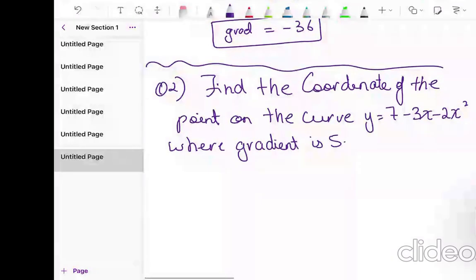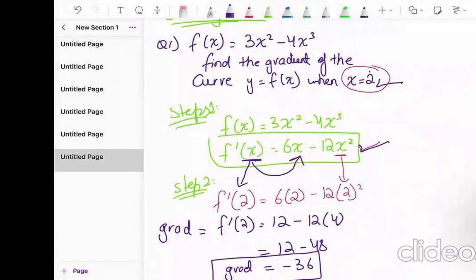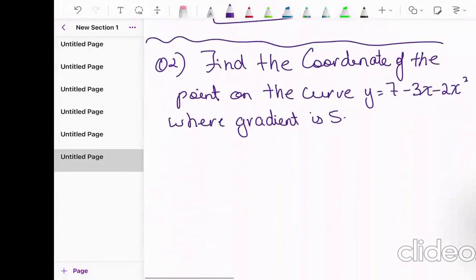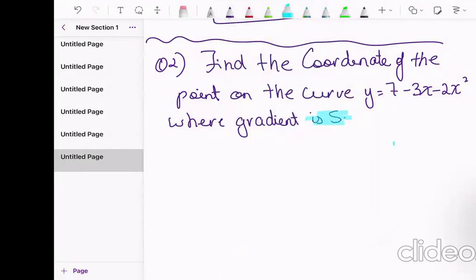The question is very simple, but they say find the coordinate of the point. In the previous part, they gave the coordinate point, that is x. So this means we have to find the value of x. And they have given us one important point, that the gradient is 5. This is the gradient value. Now how to solve this question? Very simple question.